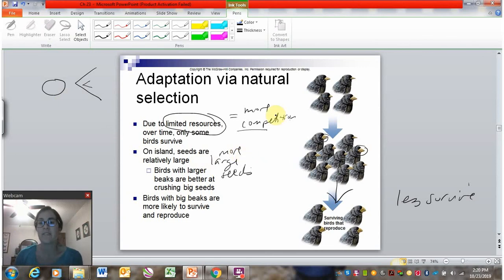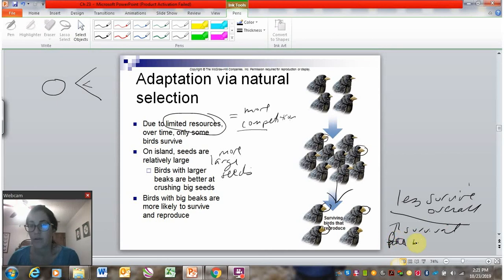Okay, so on this island, there are more large seeds. And so what we see is that the birds with the bigger beaks are starting to reproduce better, right? So they survive longer, okay? So less of them survive overall, and the ones that do survive are the big beaks.